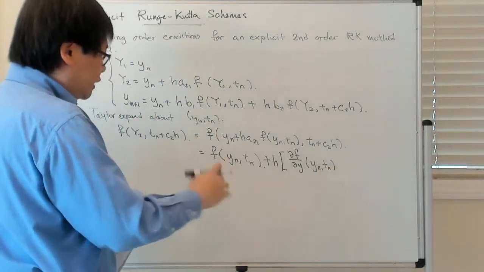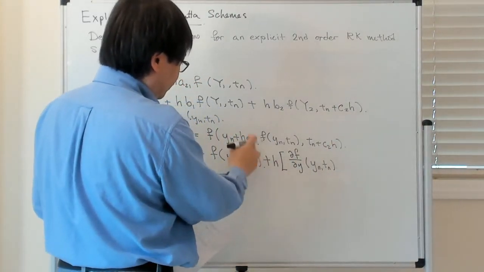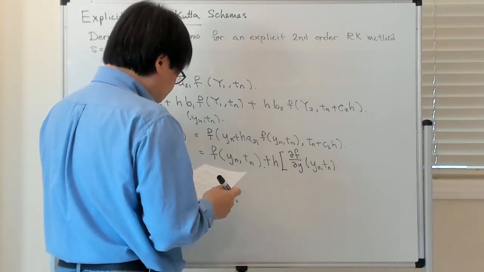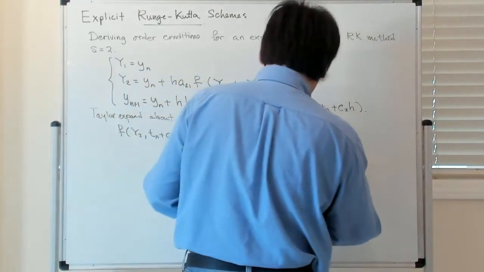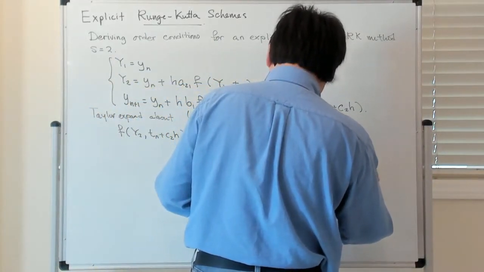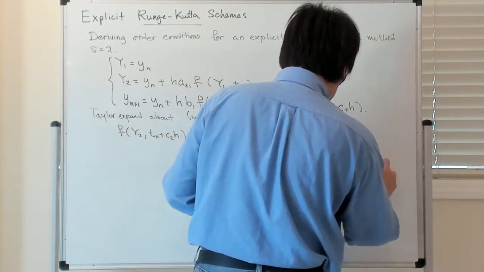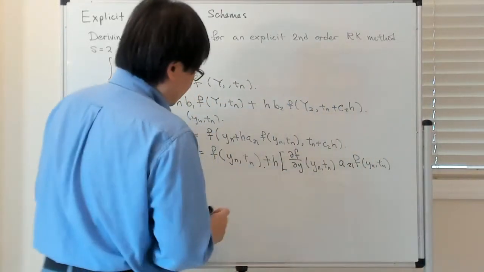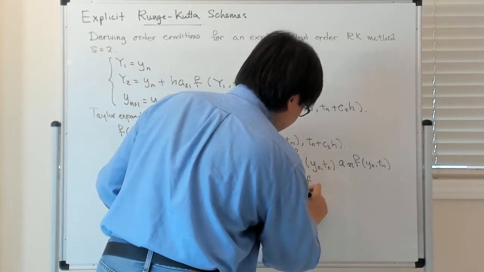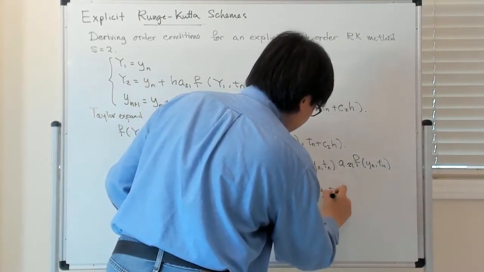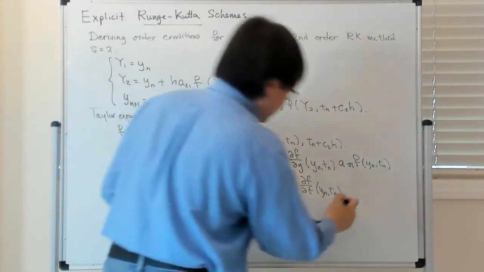And then you have to multiply this by the step you've moved. There's already a factor of h out there. I'm going to put the remaining term here, which is a21 f at yn, tn. And then there's a derivative with respect to time, plus a df/dt term, again evaluated at yn, tn, and then the shift is c2 times h, but I've already taken the h out, so it's just c2.